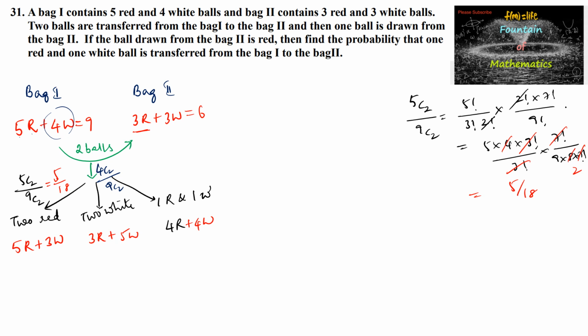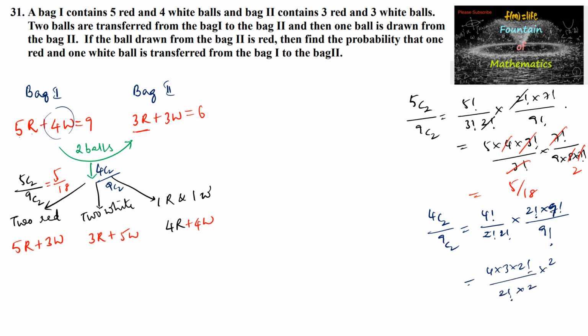So 4C2 upon 9C2 is equal to 4 factorial by 2 factorial into 2 factorial, into 7 factorial by 9 factorial, that is 4 into 3 into 2 factorial by 2 factorial into 2, into 7 factorial divided by 9 into 8 into 7 factorial.